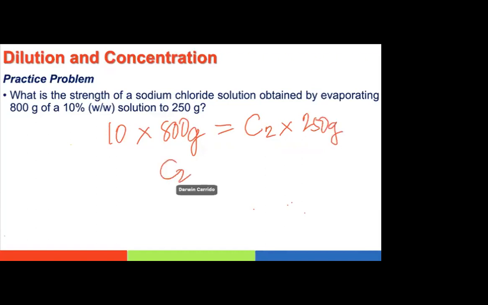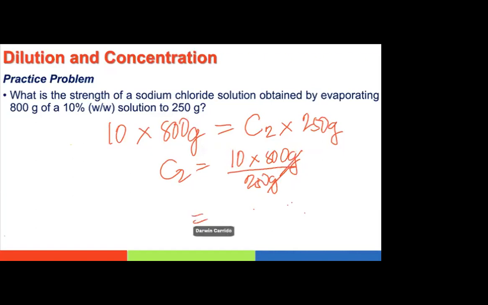So let's solve C2 equals 10 times 800 grams divided by 250 grams. Cancel out these units. Ano ang natira? 32. What's the unit? Percent. Tumaas ba yung concentration natin? Definitely, because we evaporated our solvent.